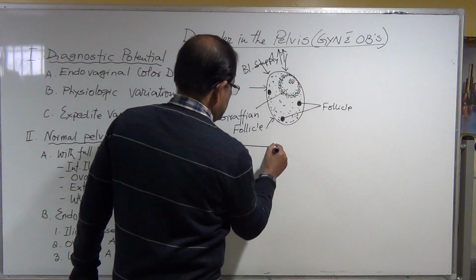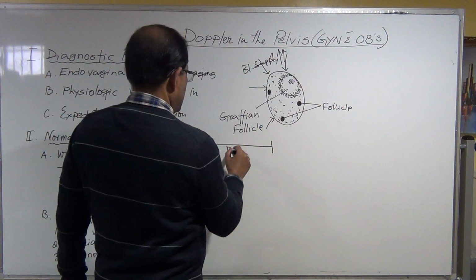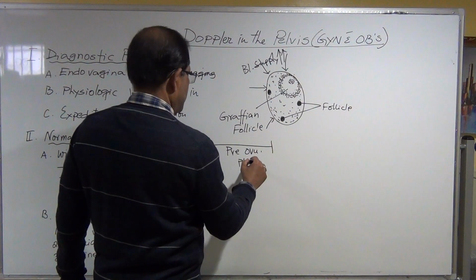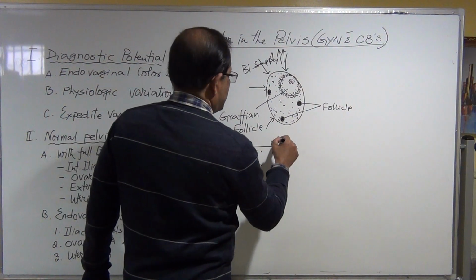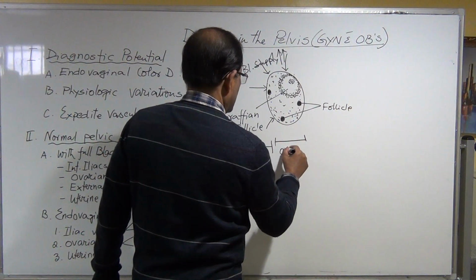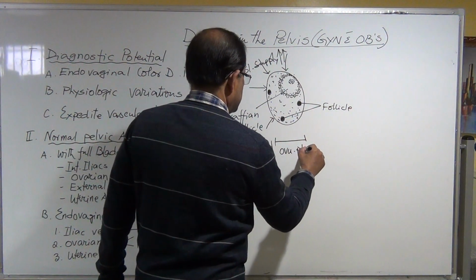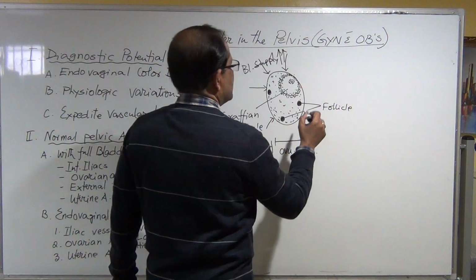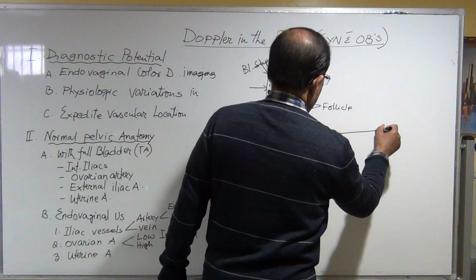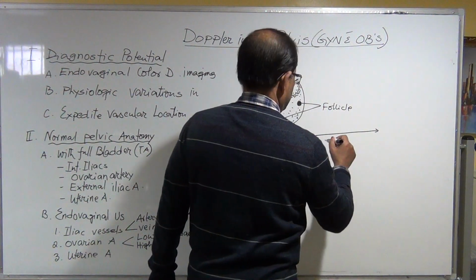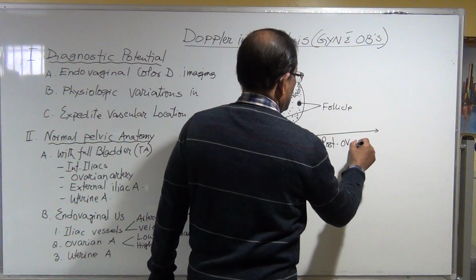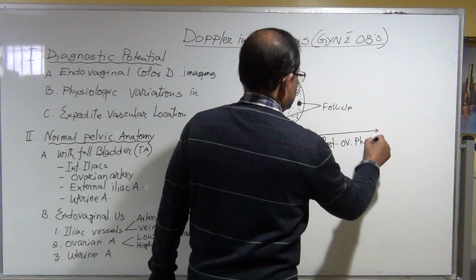So if this is up to here, pre-ovulatory phase, and from here to there, ovulatory phase, and from here to there, post ovulatory phase.